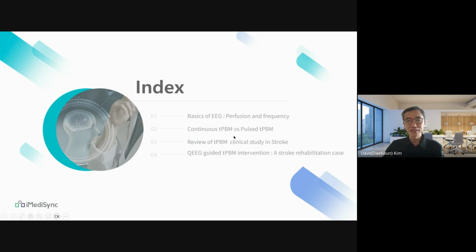And then there are a lot of clinical studies for stroke rehabilitation. I will briefly review them, and then I will explain our very exciting cases in stroke rehabilitation.